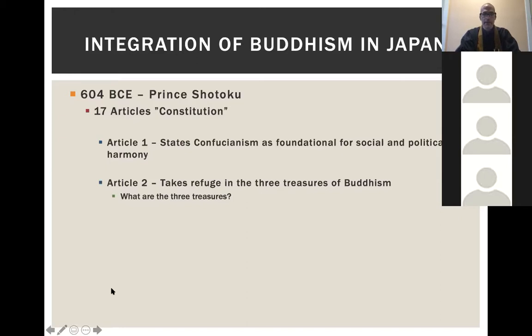And what happens when a political leader makes such a statement is that it's oftentimes embraced by the populace. When a leader embraces a particular religion or religions, then the populace also joins in on that. So it's a powerful thing for a political leader to state both the importance of Confucianism and Buddhism in this particular constitution.